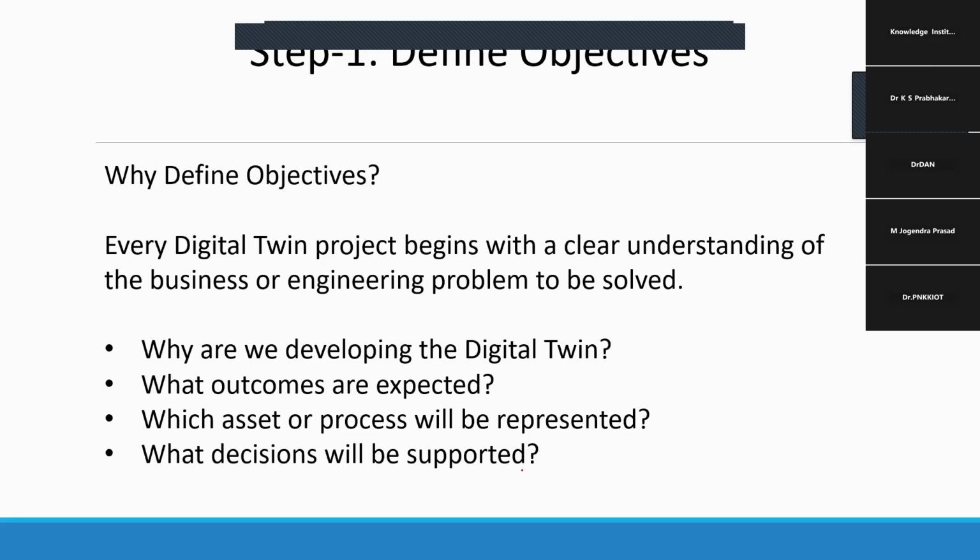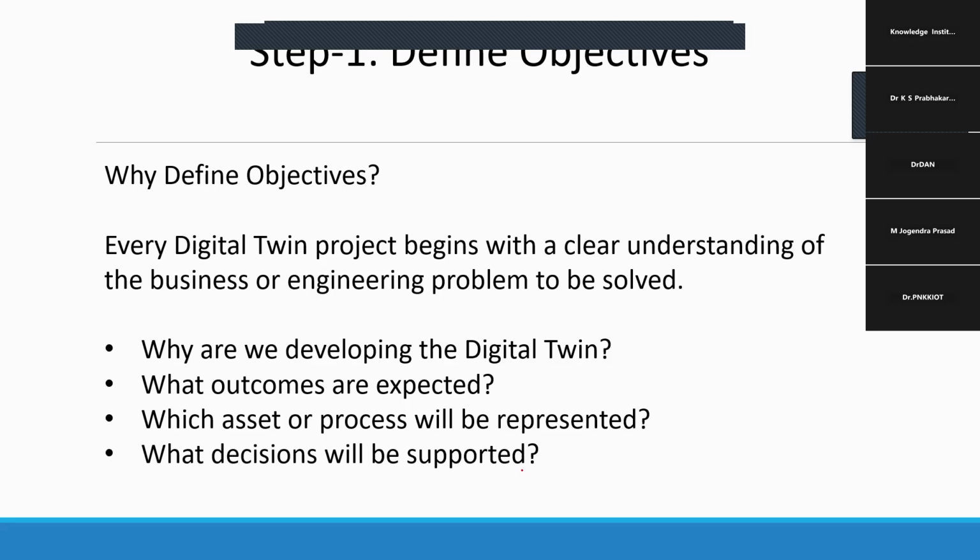Third is what asset or process will be represented. For example, a single machine, an entire manufacturing process, or even an entire factory or entire city. You have to be very clear about what you want to represent.